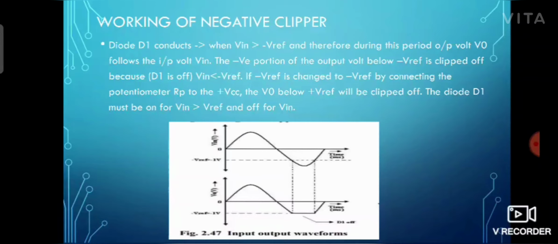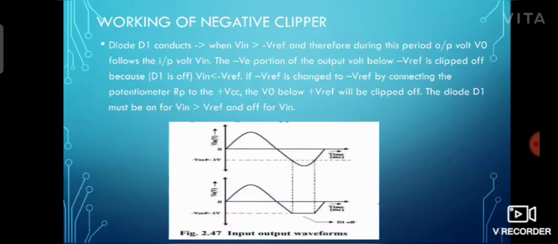If the minus V reference is changed to plus V reference by connecting the potentiometer RP to minus VCC, the V0 below plus V reference will be clipped off by the diode. D1 must be on for V input greater than V reference and off for V input less than V reference. Here the minus V reference voltage is set to minus 1 volt.